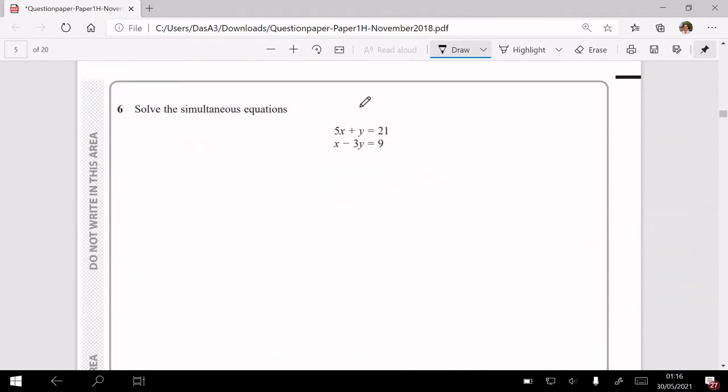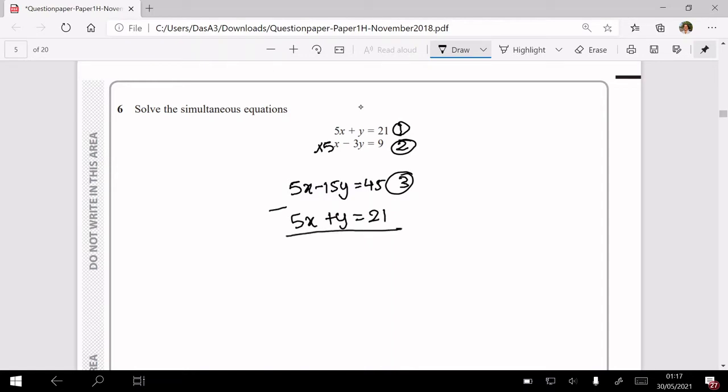So this is a simultaneous equation. So you have one equation here, equation 2 here, and you want to create a third equation. So I'm choosing to multiply all the bottom numbers by 5. So that would be 5x minus 15y is equal to 45. Then I'm just going to copy down the first equation, which is 5x plus y is equal to 21.